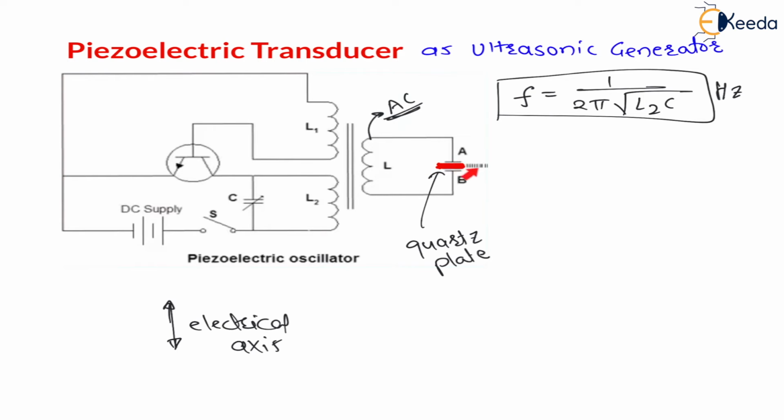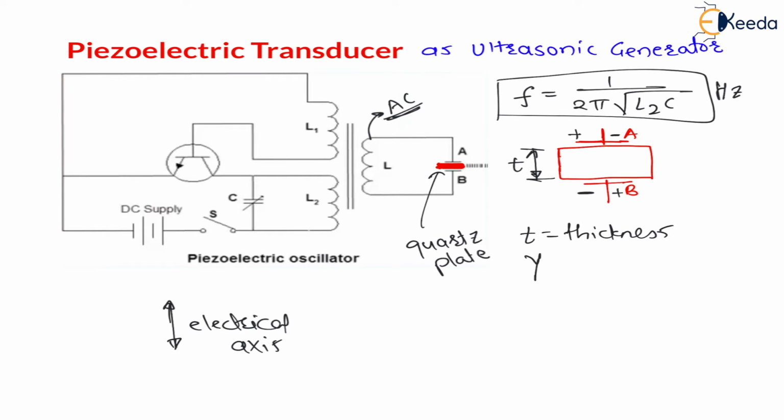And my dear students, let us show this quartz plate outside. The plate is like this, and on this plate we are supplying alternating current through plate A and plate B. We are supplying alternating current, means sometimes positive supply on this terminal, sometimes negative, likewise. Let us say the thickness of this quartz plate is t.